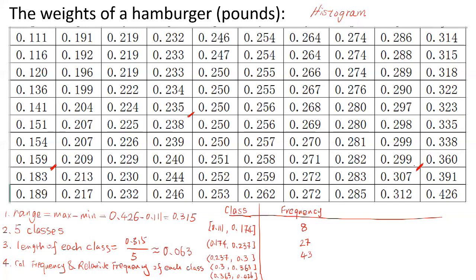Next one is 0.3 to 0.363. 0.363 is here. So we have 10 here. And the last class, we only have 2 sample points there. So this is the frequency for each class, and then we can calculate the relative frequency.